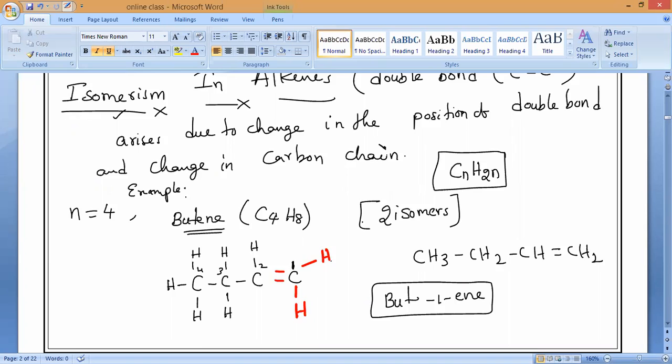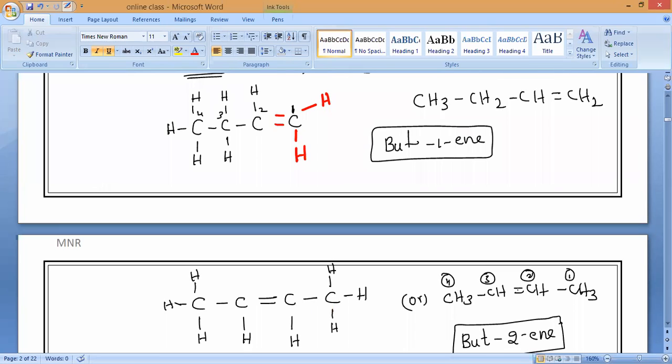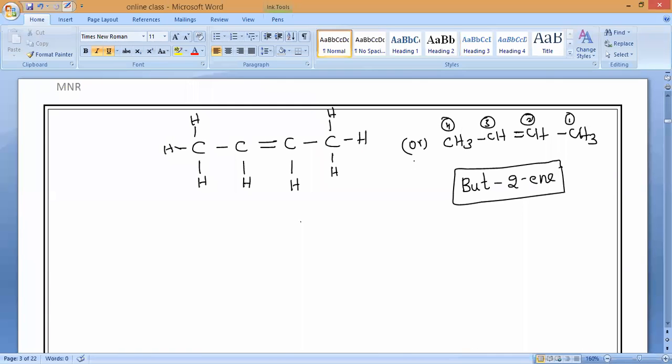But-2-ene means the double bond is after carbon number 2. That is what you have to remember. Clear, everybody? So this is how isomerism in alkenes varies by changing the position of the double bond.